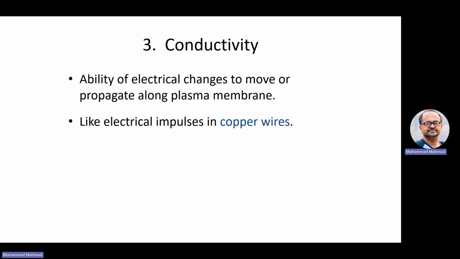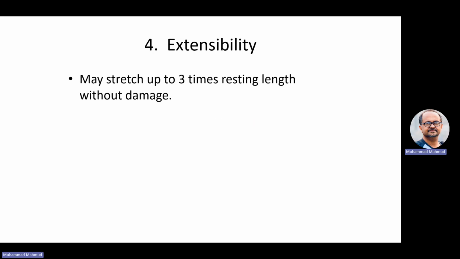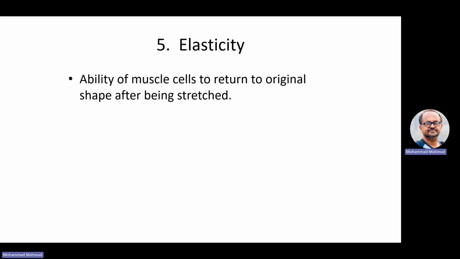Conductivity is the ability of electrical changes to move or propagate along the muscle membrane, plasma membrane, and it is like the copper wires in electrical impulses. Then the extensibility. Muscle may stretch up to 3 times resting length without damage. And the last one is elasticity. They have the ability to return to the original shape after being stretched.